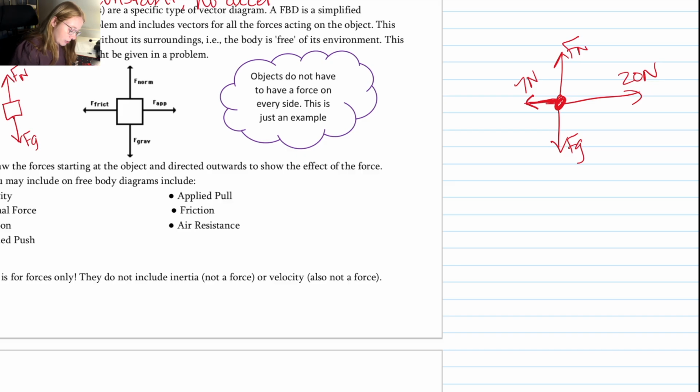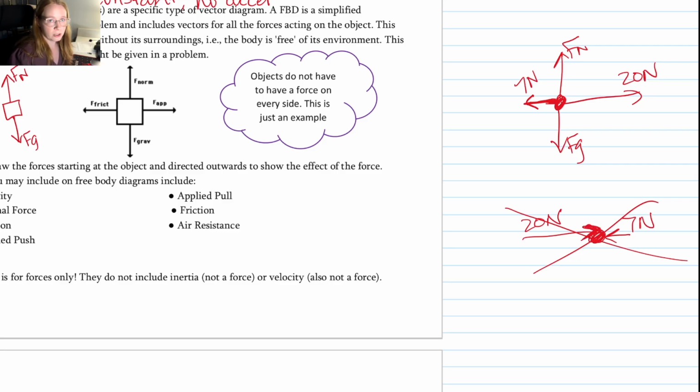You also want to make sure that the tail end of the arrow is always touching the dot. So, for example, if we were to draw the forces like that, this would not be acceptable because the arrowheads are touching the dot, and that's just a general formatting issue.